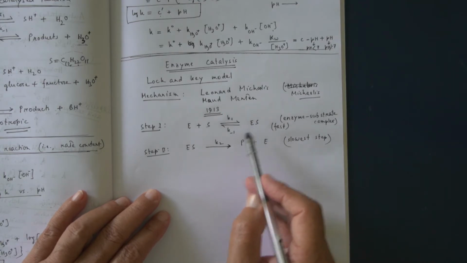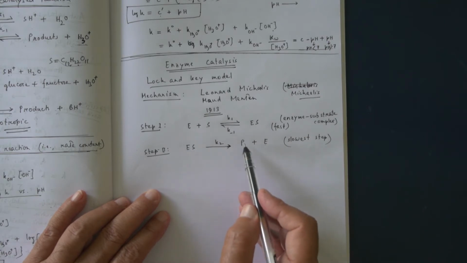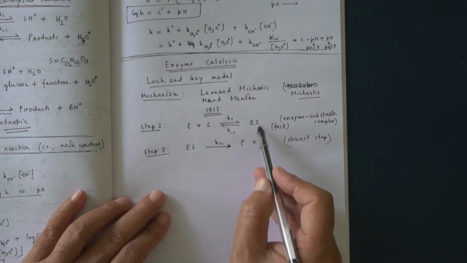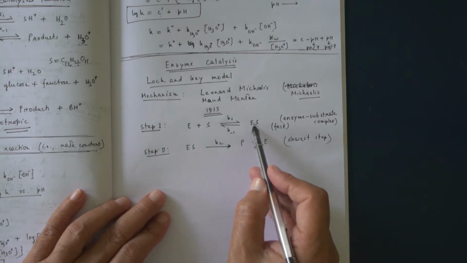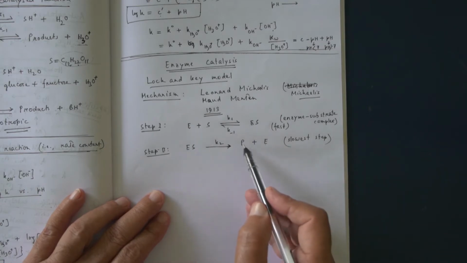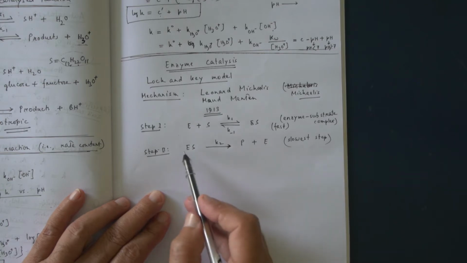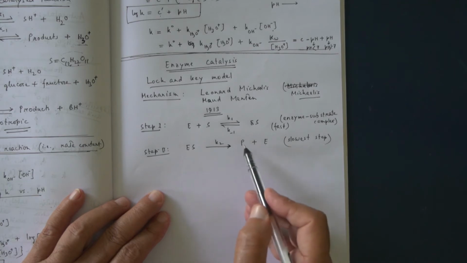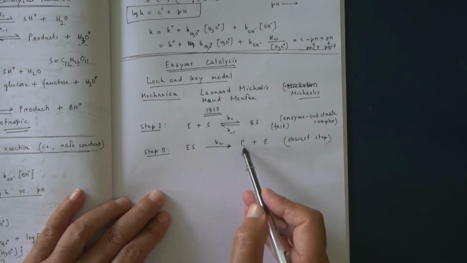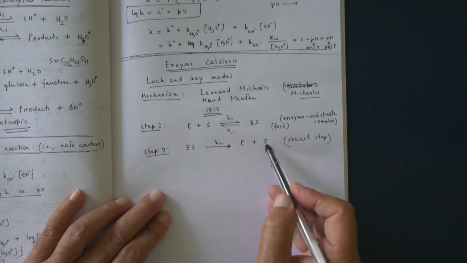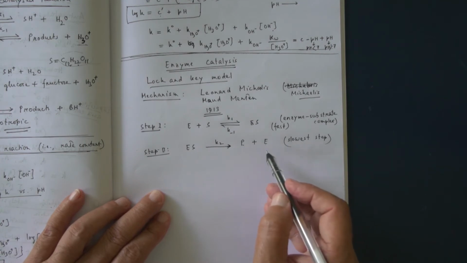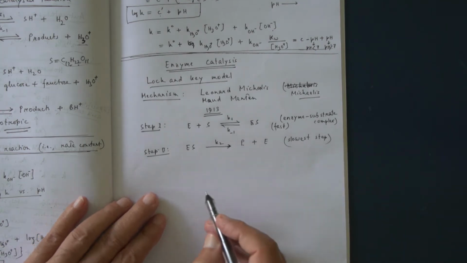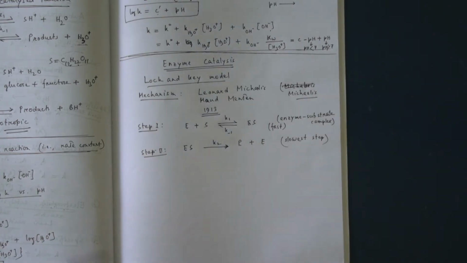Then this substrate is converted to the product while bound to the enzyme, that is, while remaining bound to the enzyme, the substrate is converted to the product, and the enzyme gets released. So this is the mechanism proposed by Michaelis and Menten.